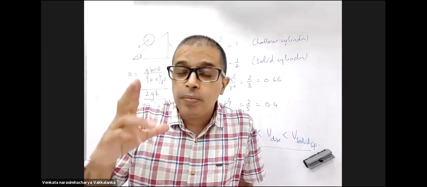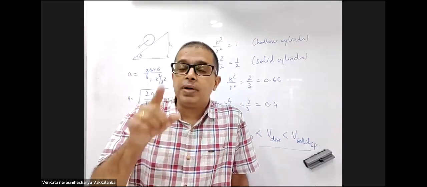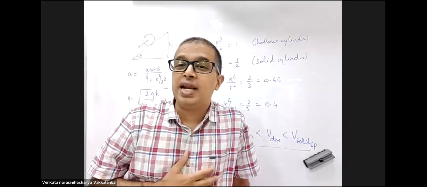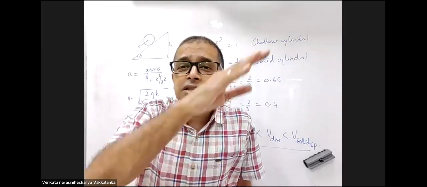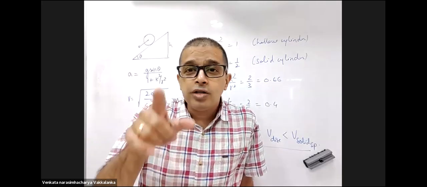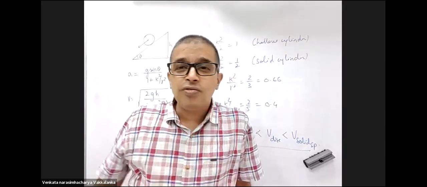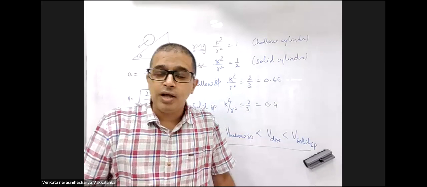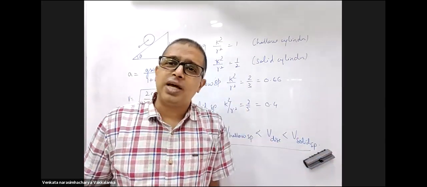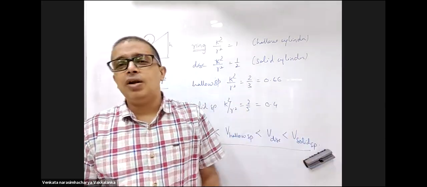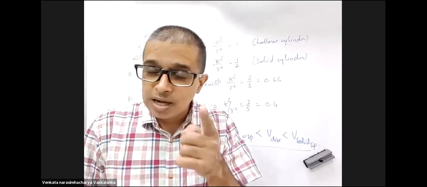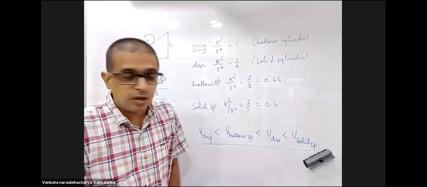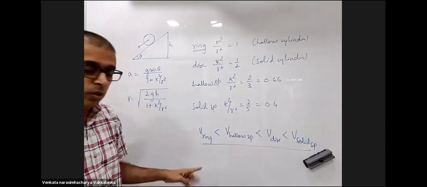Why? Then you open your eyes and read the question properly. HCV takes you people for a ride in one of the questions. He says it's a smooth surface. On a smooth surface, there will be no friction, no rolling. So all will slide down with g sin theta. All will have the same velocity down. So keep your eyes open in the objectives. Don't keep jumping to conclusions.